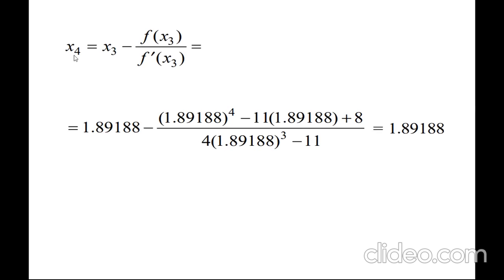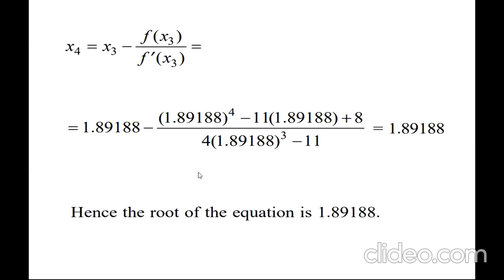As x3 and x4 are same, we can say this is the converged answer, or this is the exact answer we can get from the Newton-Raphson method. That's why the root of the equation is 1.89188.